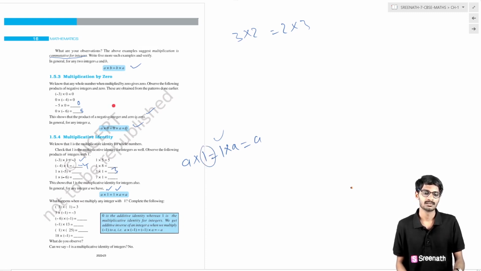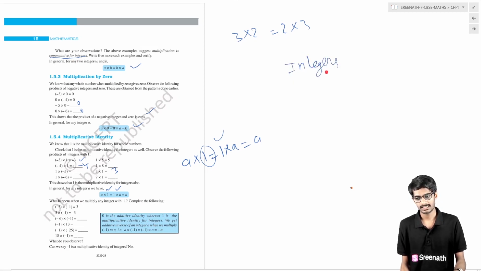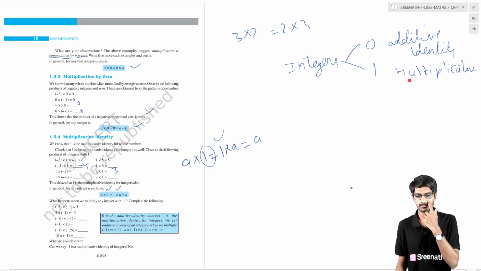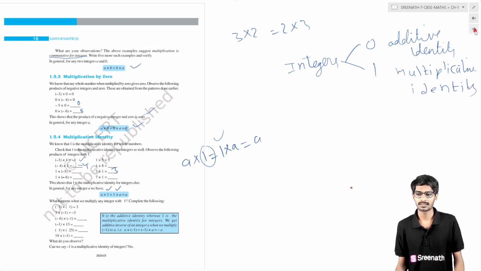Here 0 is called the additive identity, whereas 1 is the multiplicative identity for integers. Which means we get the same result. This is about the multiplicative identity.